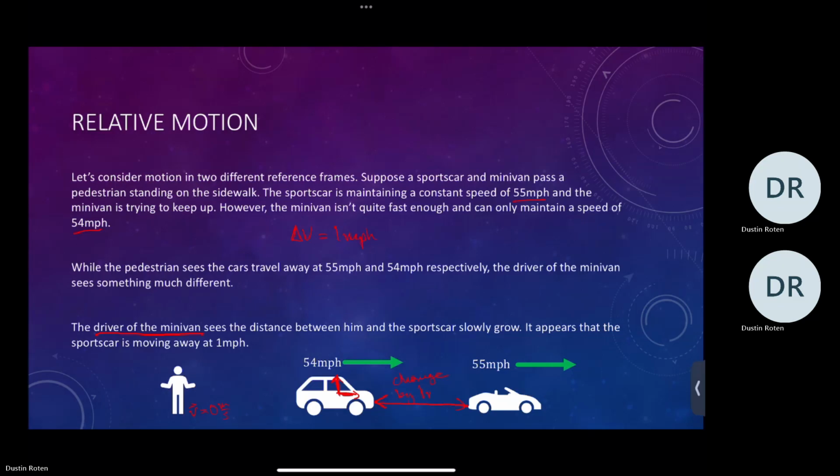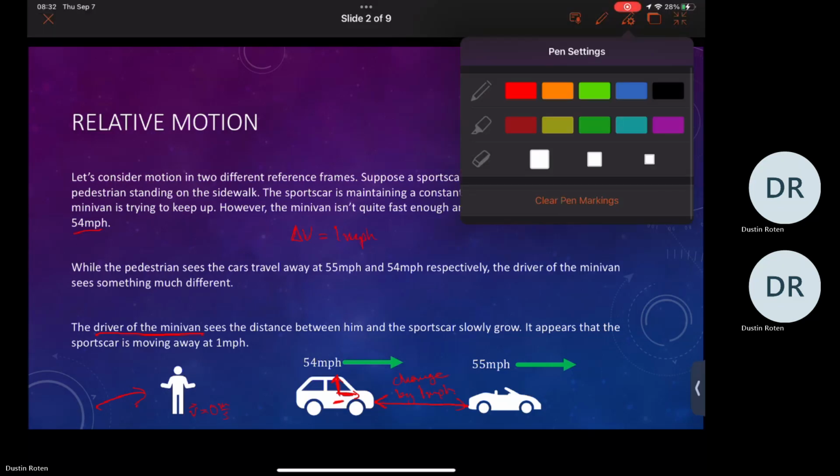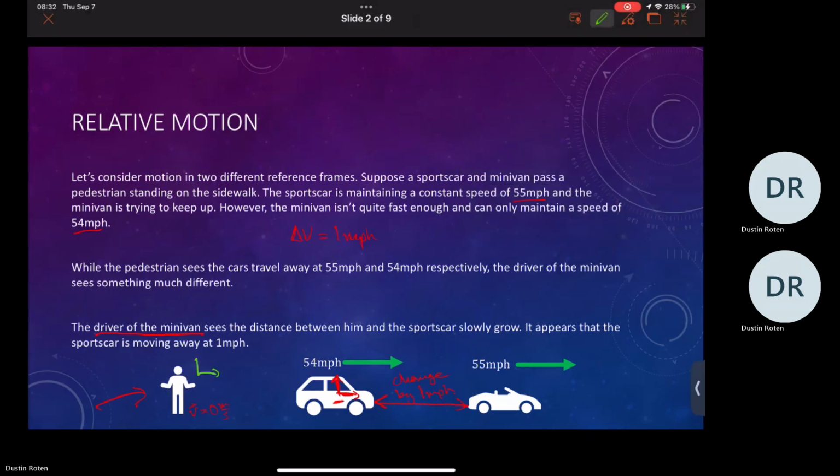The driver sees this change that's driven by that 1 mile per hour difference. Whereas the pedestrian over here is seeing the actual absolute values of the speed. So it really just depends on where the reference frame is, because we've got this red reference frame here in the car, but we also have this other stationary reference frame according to the pedestrian on the street.